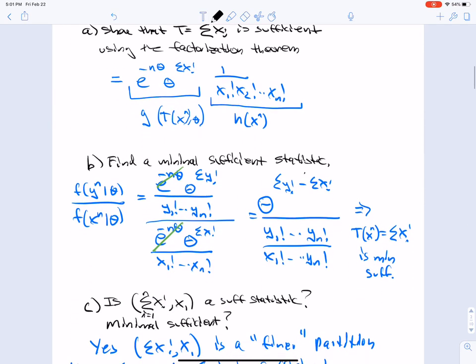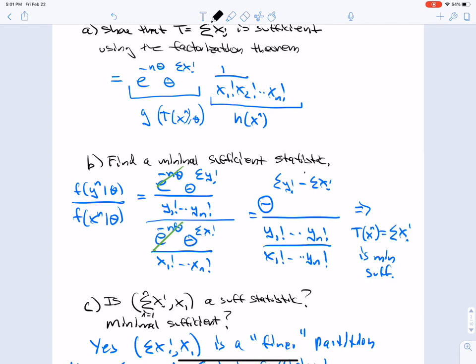And we can see that it's minimal sufficient because for the ratio not to depend on theta, the sum of the xi would have to be equal to the sum of the yi. And so that would be if and only if t is a minimal sufficient statistic.